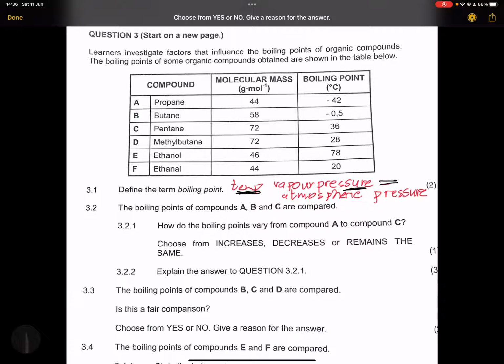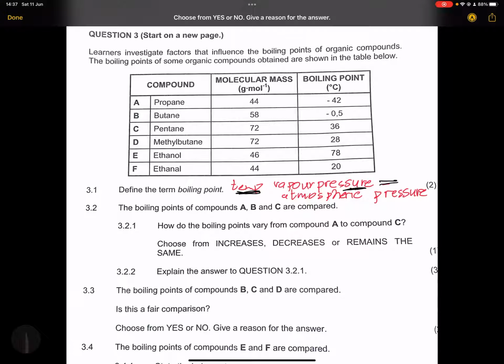Right, so in this case, we're looking at the next question. They say the boiling points of compounds A, B, and C are compared. How do A, B, and C compare? A is propane, so it has 3 carbons. B has 4 carbons, and C has 5 carbons.